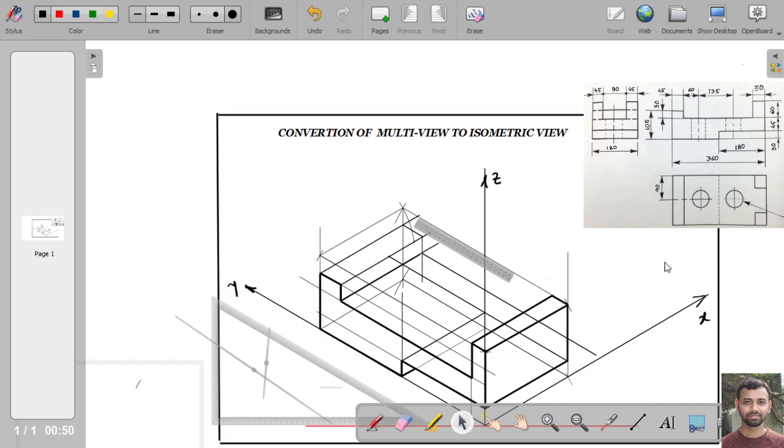Okay. So now we will make the portions darker. So to make the portion darker, we will take the line. We will use HB pencils to make the outer lines thicker.